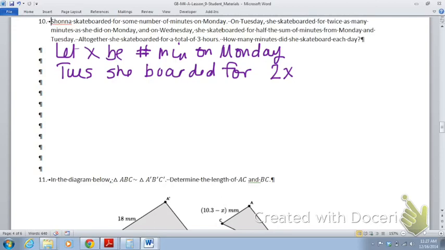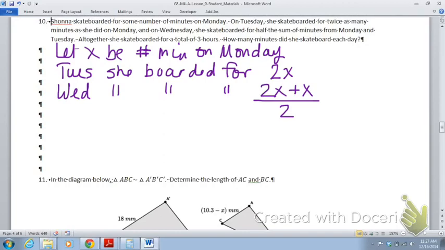So twice Monday. So let's reread Wednesday. Wednesday, she skateboarded for half the sum of the minutes from Monday and Tuesday. Okay, so the sum of the minutes, so on Wednesday she boarded for, the sum of Monday and Tuesday would be 2x plus x. And they're saying half of that was her Wednesday total.